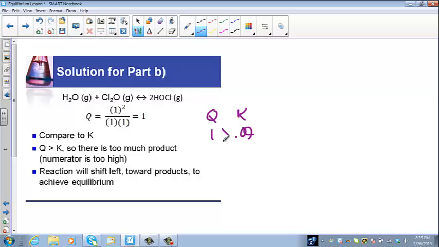So our 1 is greater than our K. What that means is that the initial concentration of our products is greater than our reactants, so this is going to shift left. It's going to shift left to try to use up some of the products to reach equilibrium.